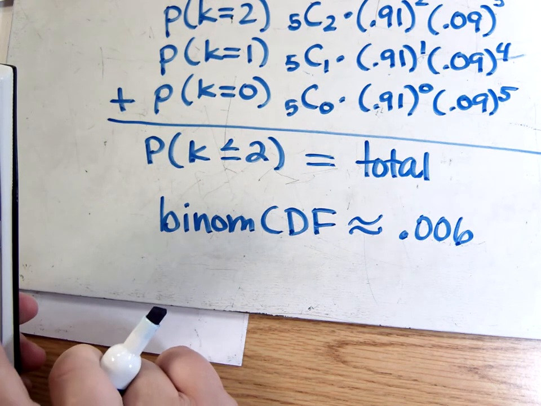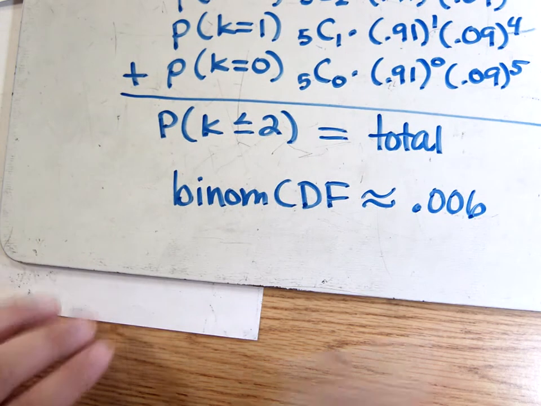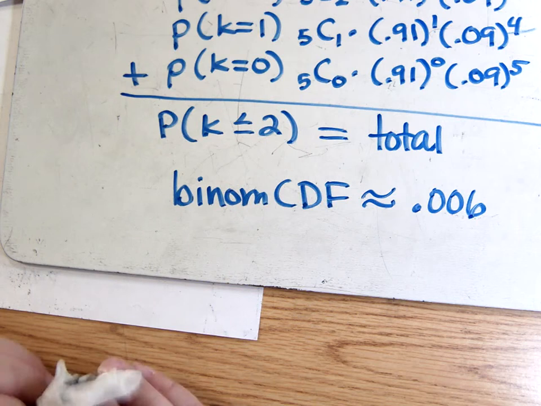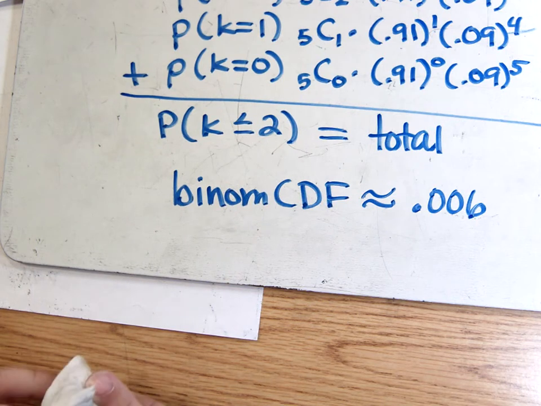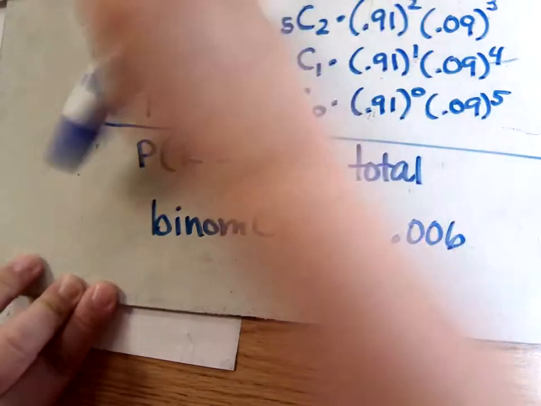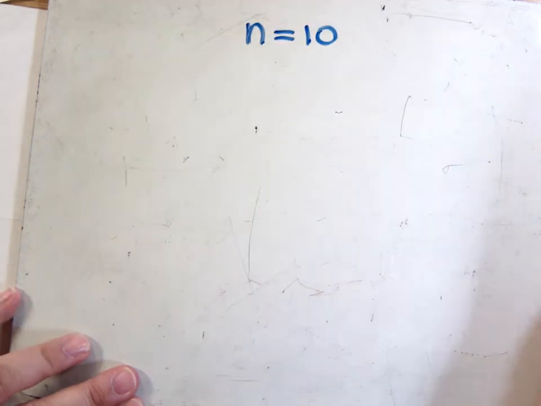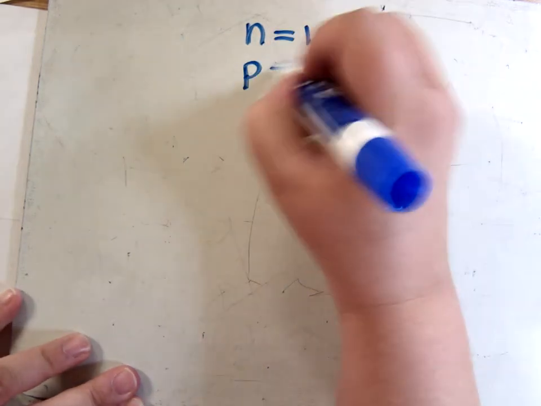Okay, let's talk for a second about what if it had been probability of k is greater than or equal to 2, or greater than or equal to something else. Let's say n is 10. I have 10 trials, and the probability for each trial is 0.25.